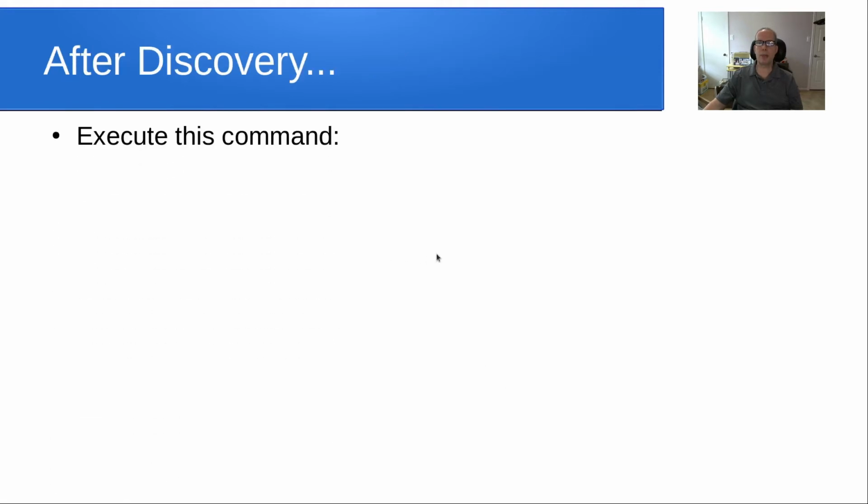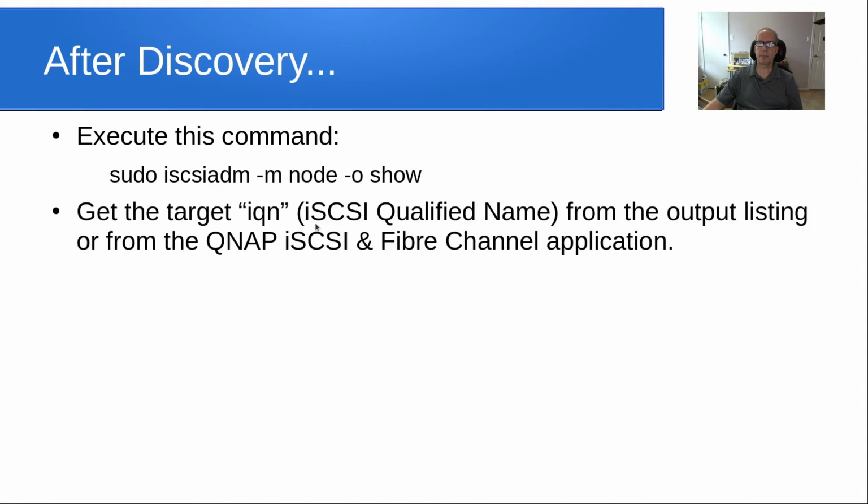So after discovery, you want to execute this command, sudo iscsiadm -m node -o show, and you're going to get the IQN, the target IQN, which is the iSCSI qualified name. That's the target from the output listing or from the QNAP iSCSI and fiber channel application.